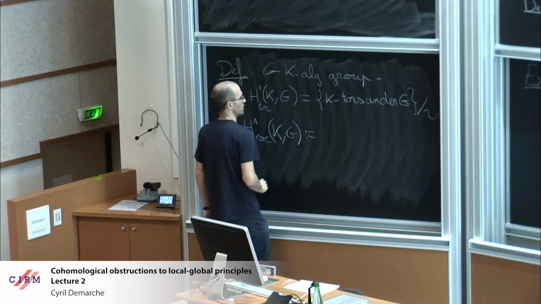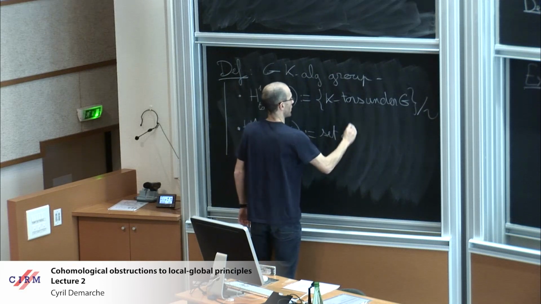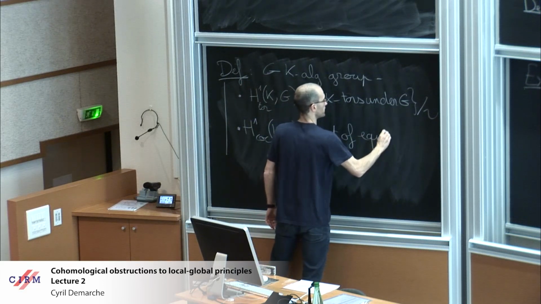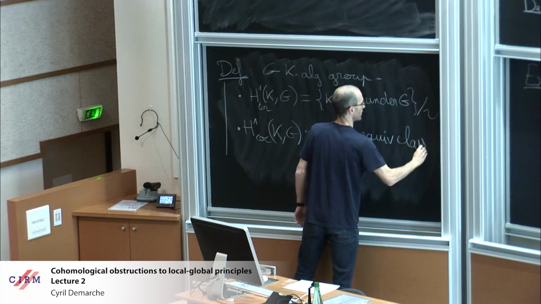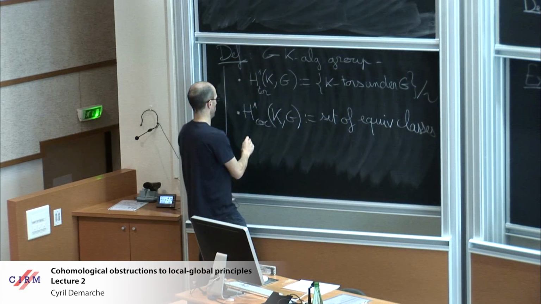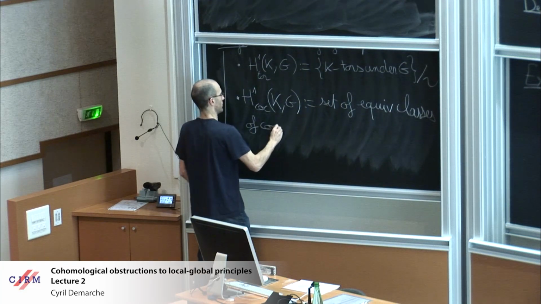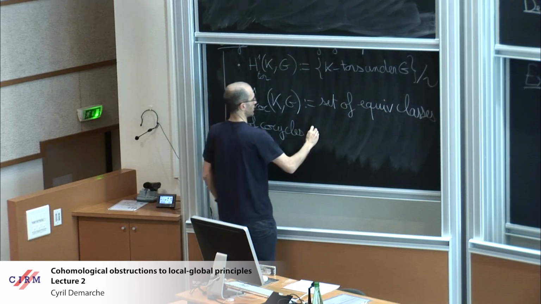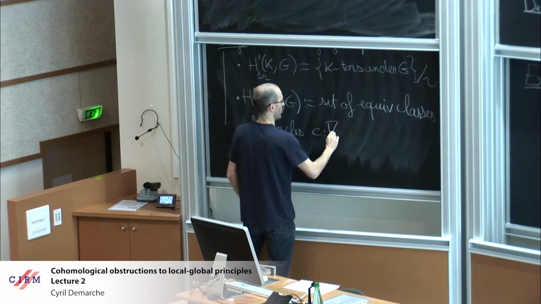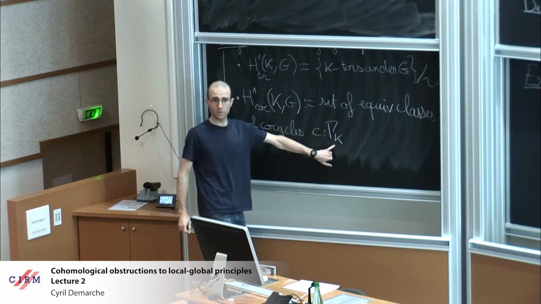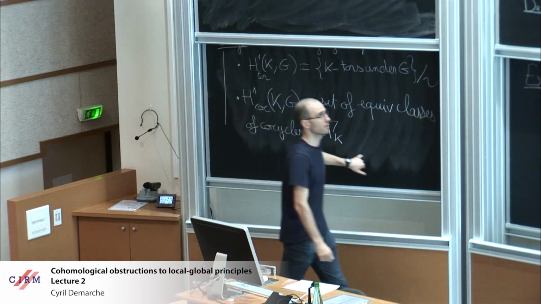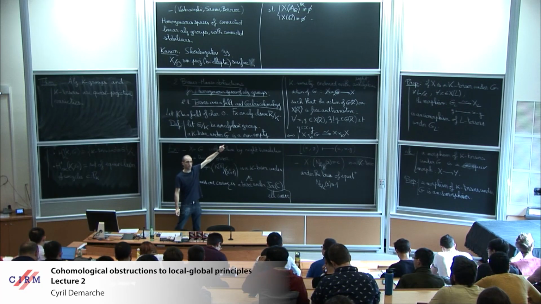And the second, H1 cocycle, will be the set of equivalence classes of cocycles, where Gamma_K denotes the absolute Galois group of K with respect to the fixed algebraic closure.